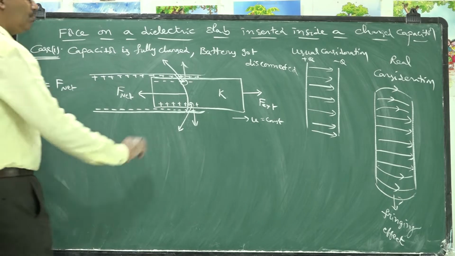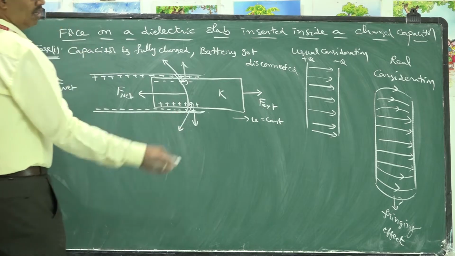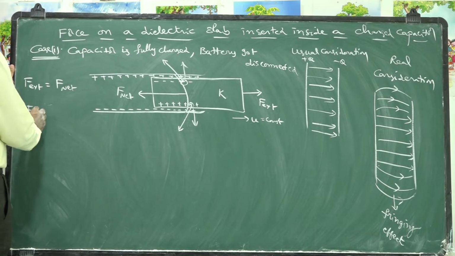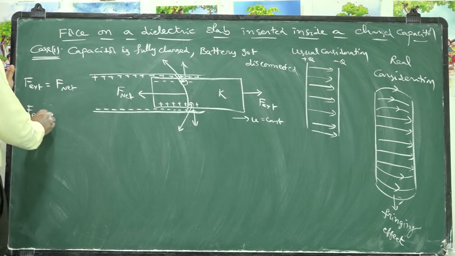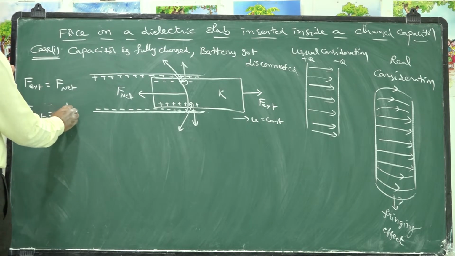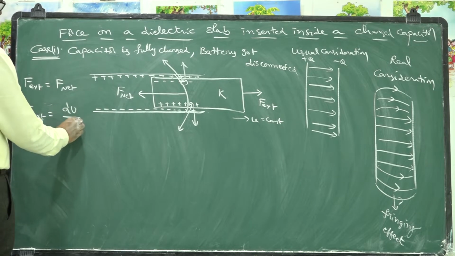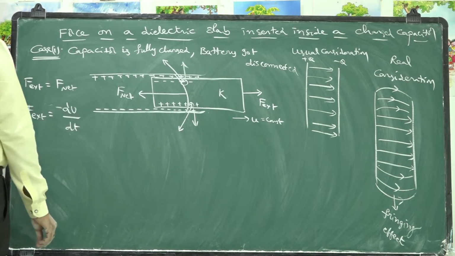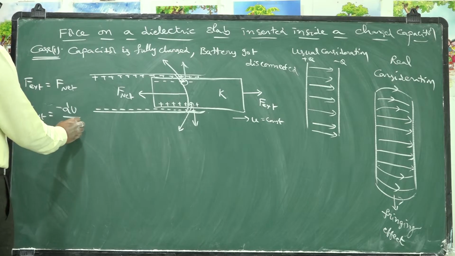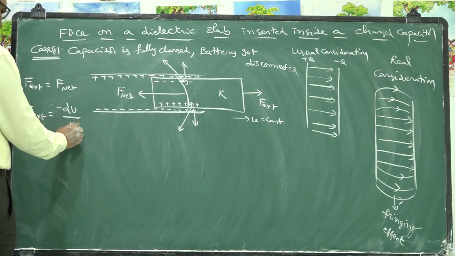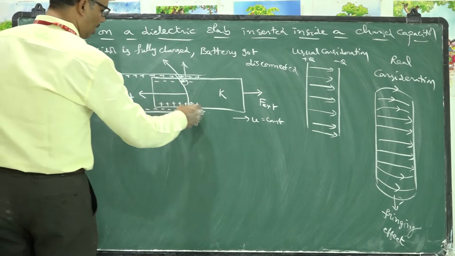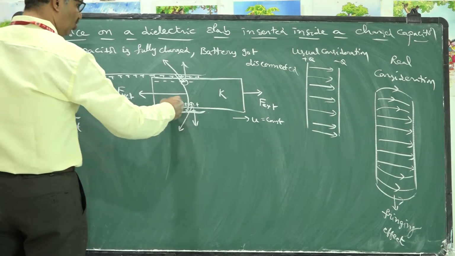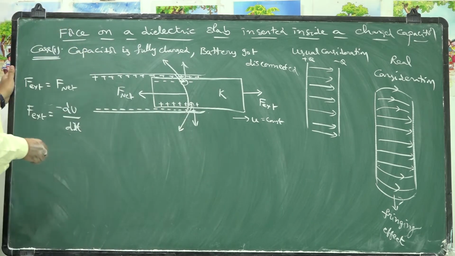External force is not bringing change in kinetic energy, but external force is bringing change in potential energy. So that external force is equal to dU by dx, with respect to distance, not with respect to time. As the distance is changing, the potential energy is also going to change.